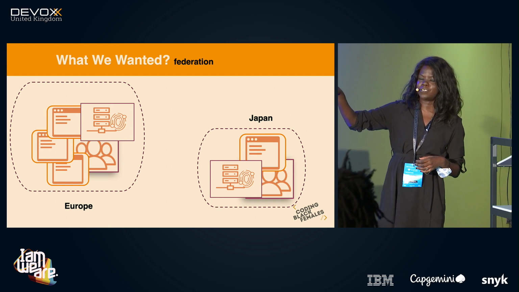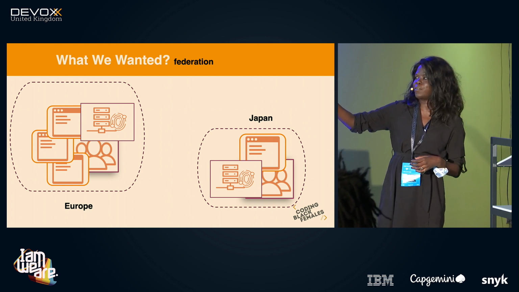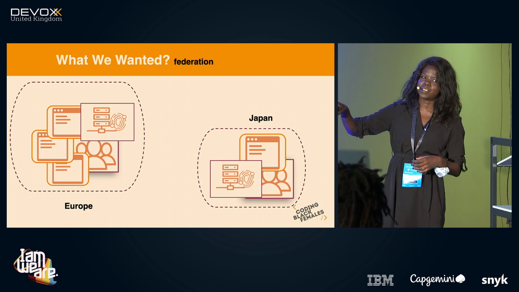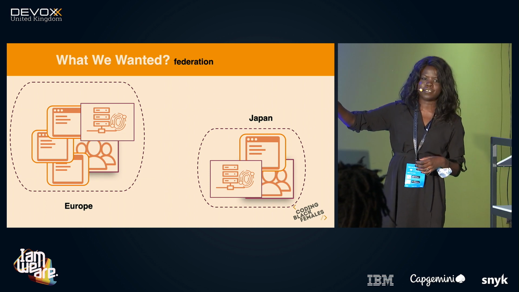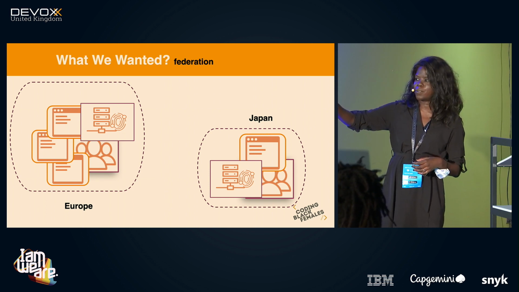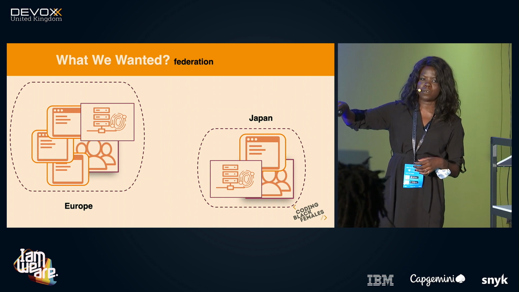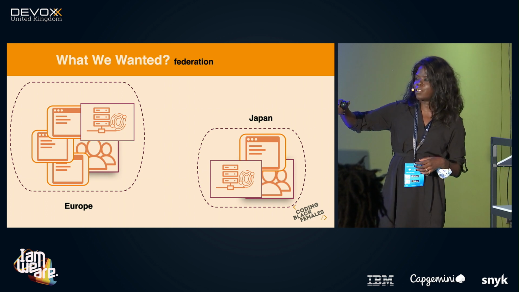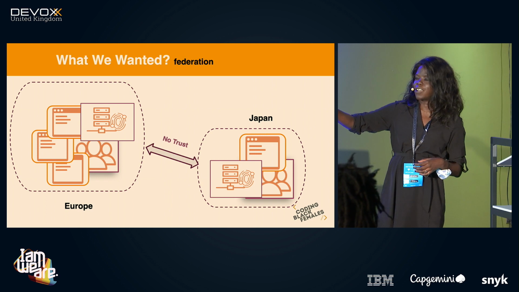Which meant we had duplication, because as I said before, everyone in the organization had to access Japan, but only those hired directly by the organization could have access to Europe. But just like we had trust before with our IDPs and our web applications, what if we could form trust between our security realms? At the moment, there's no trust at all.